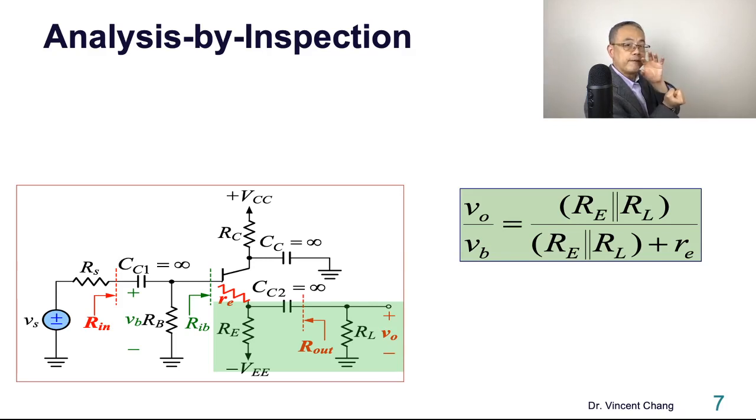That's the internal. The internal and the external share the same current, so it is a voltage divider. So VO divided by VB equals the external in the numerator, and the denominator is the total. The voltage divider rule. Easy.